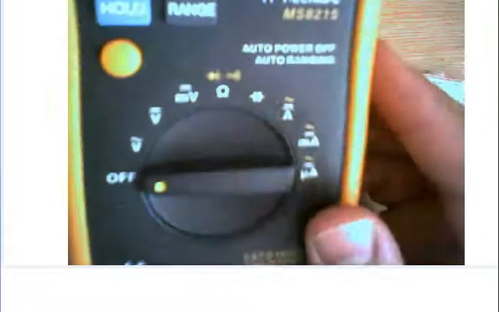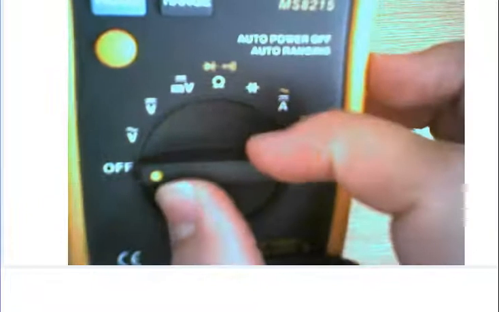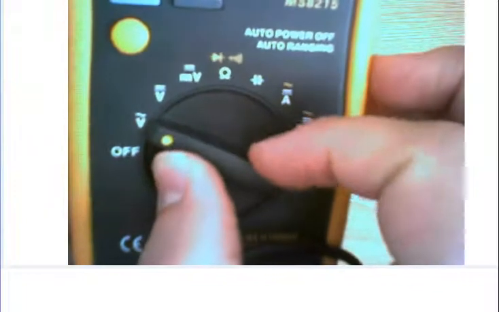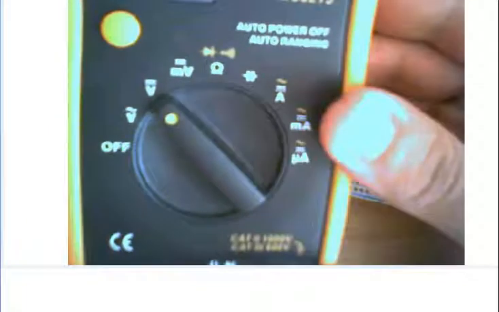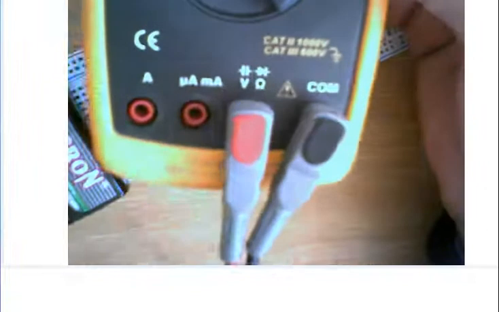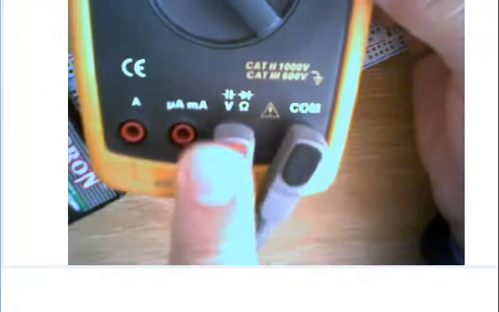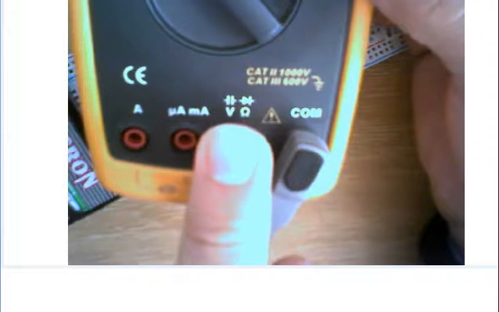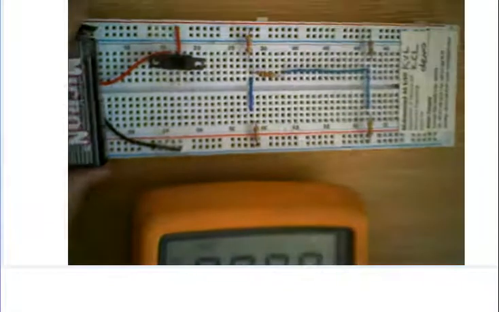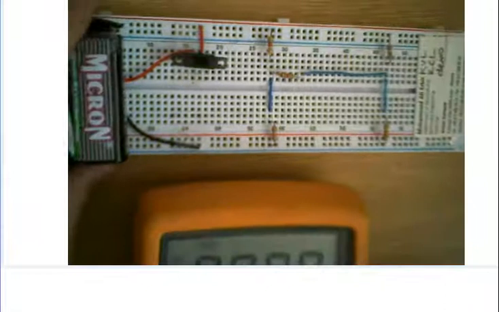This is my multimeter. To measure voltages, I should adjust the knob to voltage measuring, and the connections are like this. Black is connected to COM port, and the red is connected to the voltage port. And now I can measure the voltages.